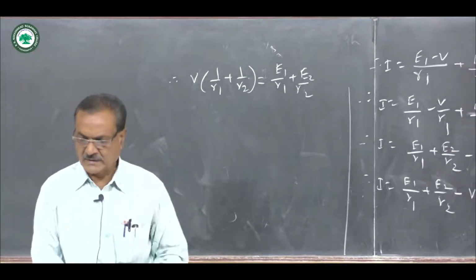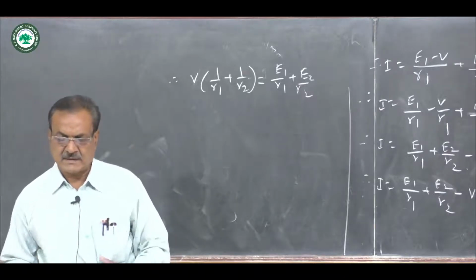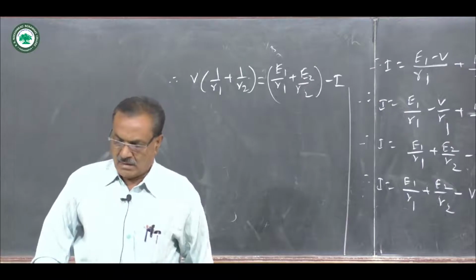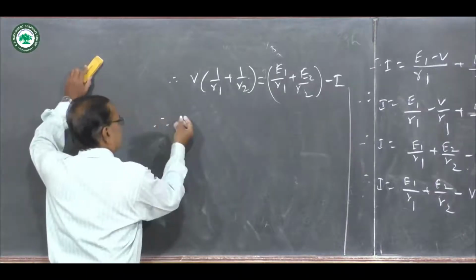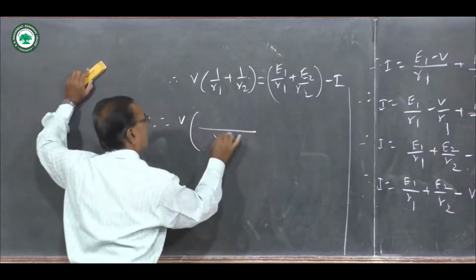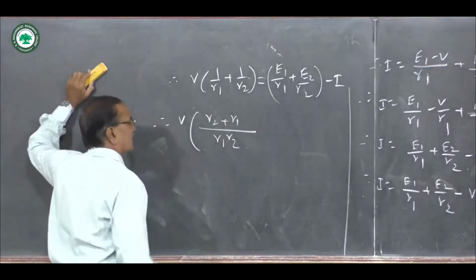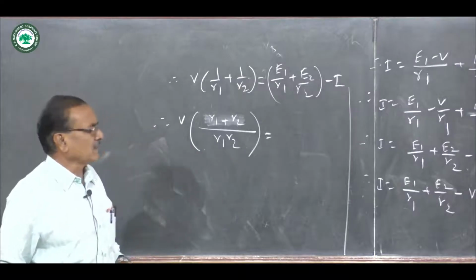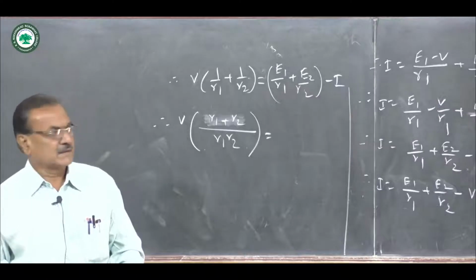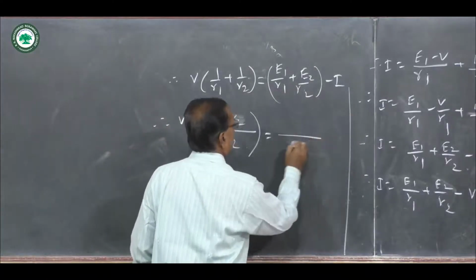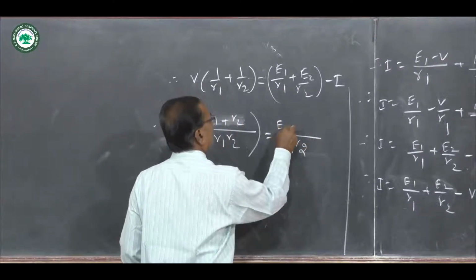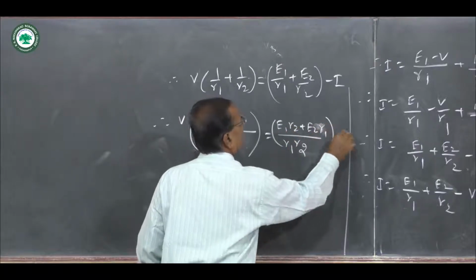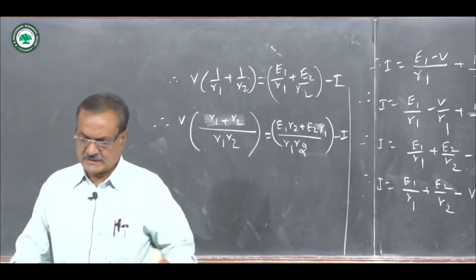Here the sign of total current is positive, taking it to the RHS side, it will be negative, that is minus I. So therefore we will take the LCM: V in bracket R1 R2, here R2 plus R1, or you can also write R1 plus R2, is equal to, here also E1 by R1 plus E2 by R2, taking the LCM of these terms, we can write R1 R2 product, E1 R2 plus E2 R1, bracket complete, minus I, taking the LCM of these bracket terms.